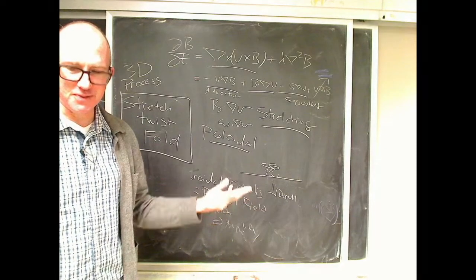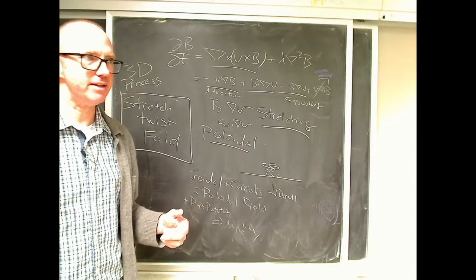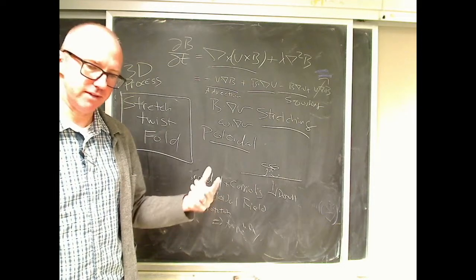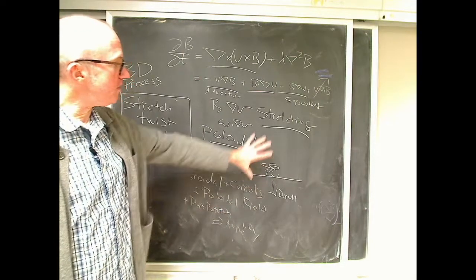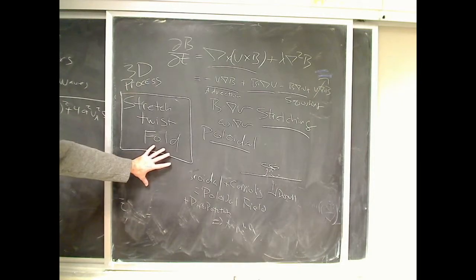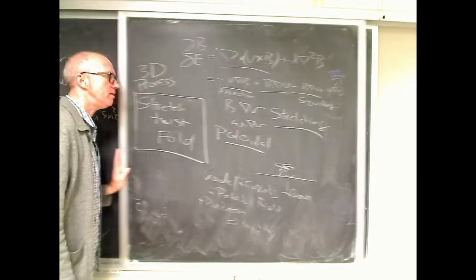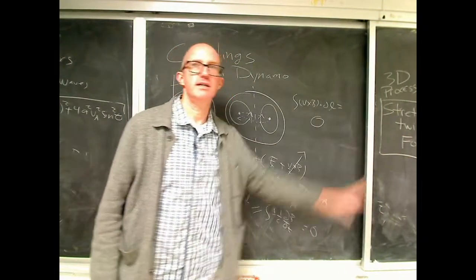It's a good book, though. A book doesn't exist that has everything that came out last week and also a great description of everything that was done 200 years ago. So anyway, 3 kinds of reconnection, Parker's dynamo, and Cowling's anti-dynamo theorem. Those are the takeaways for today.